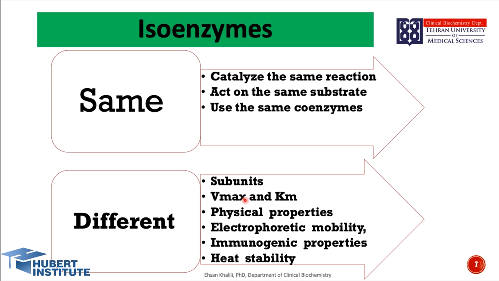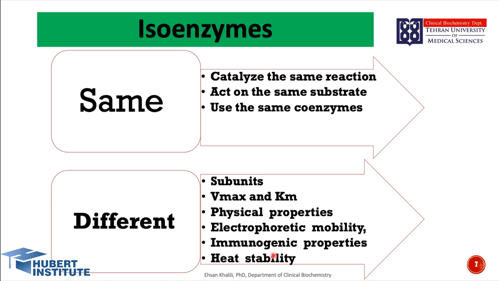Because of these differences between their subunits, they have different physical properties, resulting in different Vmax and Km, which reflect the velocity and the affinity of these isoenzymes. We will also have differences in their electrophoretic mobility and immunogenetic properties. And the final thing that is different between these isoenzymes is heat stability.